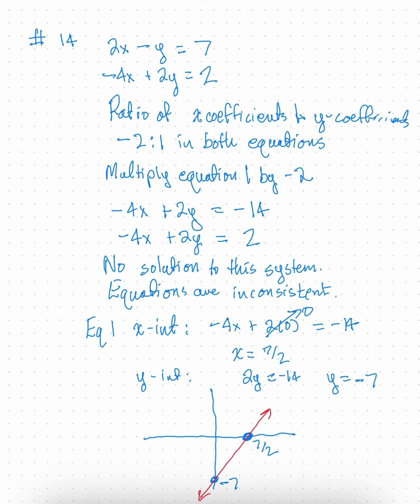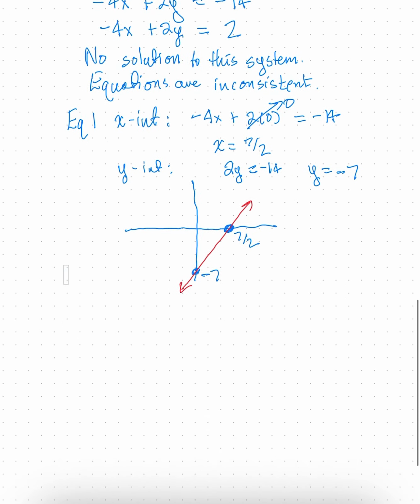And now let's plot the second equation. Let's do that right here. So the second equation is negative 4x plus 2y equals 2.